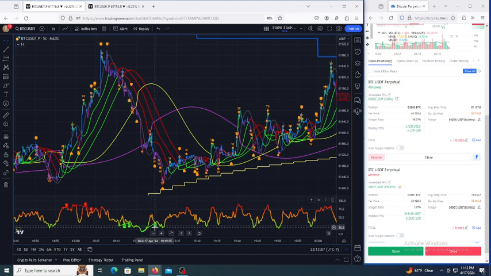I'll show you in a second how I do it, but you can just look for these patterns. If you're looking for an entry or a long, look for this pattern, or look for some divergences, and then look for these patterns to confirm what you're thinking.